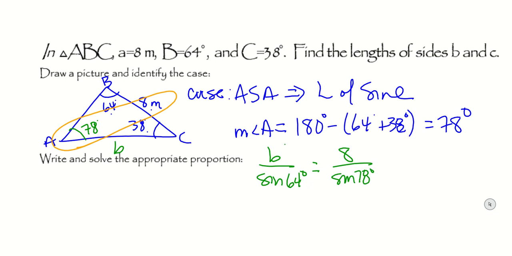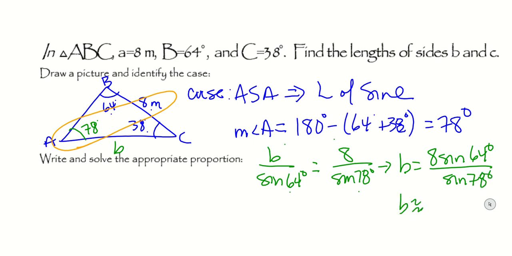Notice I've got sides on top, I've got sines of angles on the bottom. Solve for B, and I get B equals 8 times the sine of 64 over the sine of 78. Let my calculator evaluate that, and I get B is about 7.351 meters.